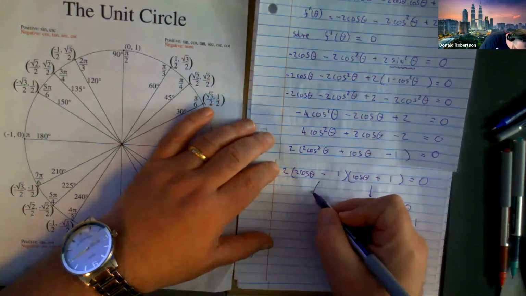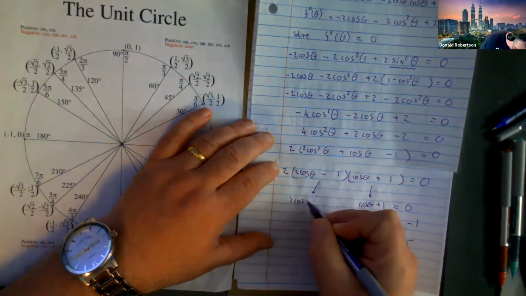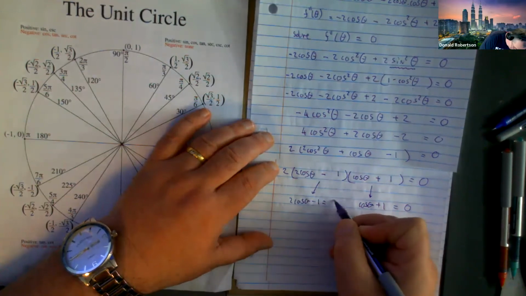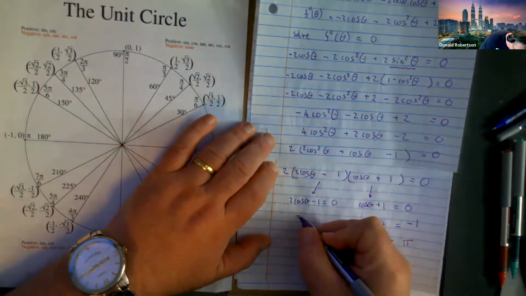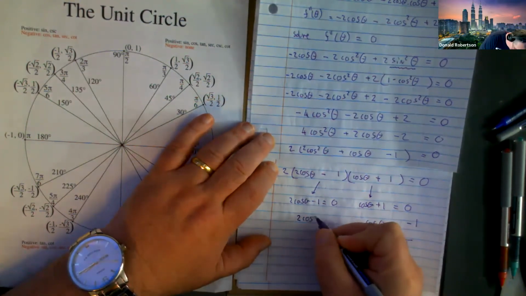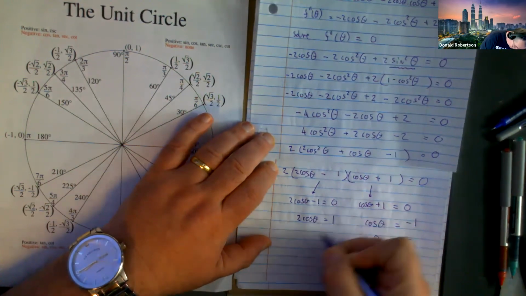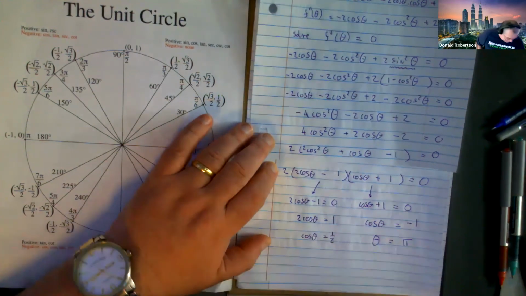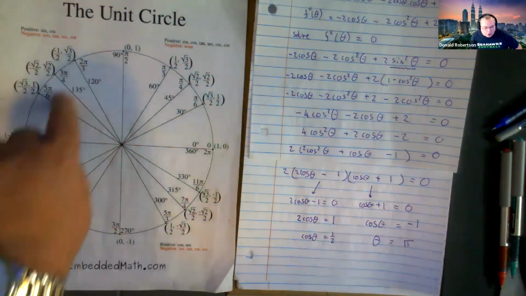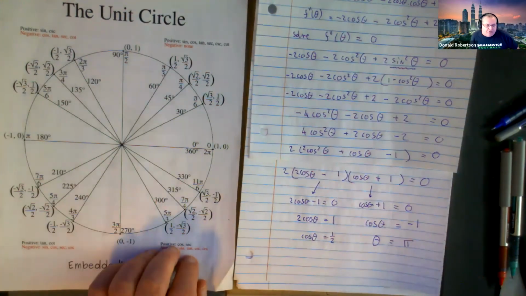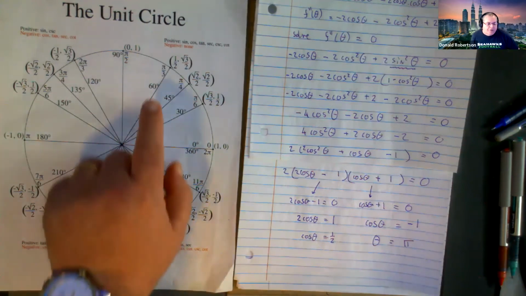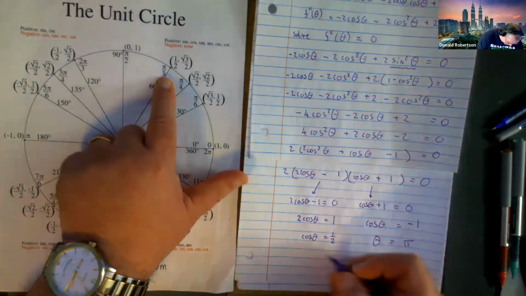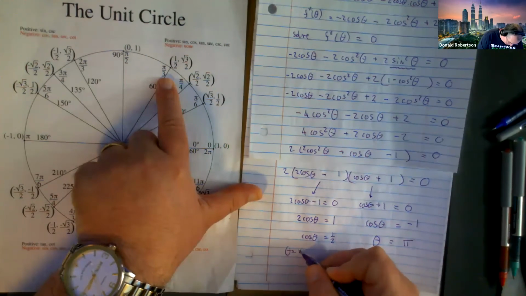And this fella is 2 cosine theta take away 1, and that has to be 0. And so that becomes 2 cosine theta has to be 1, and that becomes cosine theta is a half. So I'm looking for angle or angles where the x coordinate is a half, and the answer I get is pi/3, or at least that's one of them.